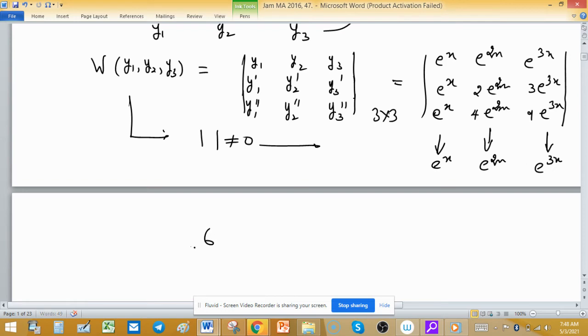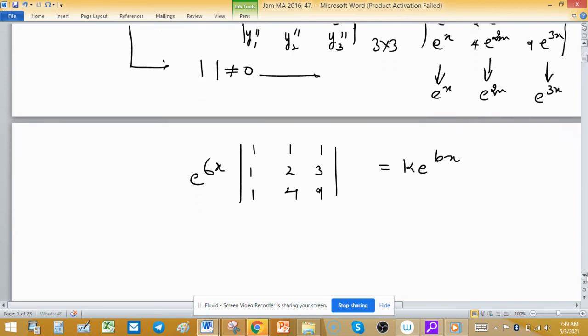So e^(6x), and we have 1 1 1, 1 2 3, and 1 4 9. Now expand this, and this Wronskian is equal to, as given, k e^(bx).